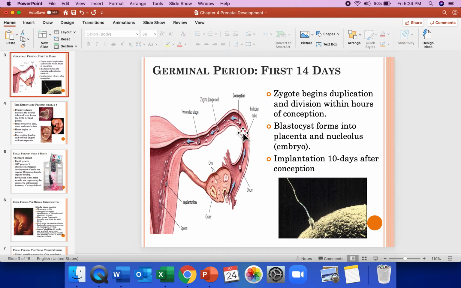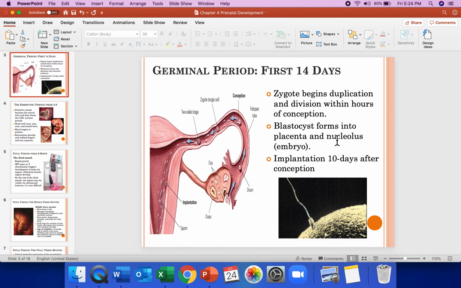The zygote is going to begin to duplicate and divide within hours of conception, and continues its journey down the fallopian tube into the uterus. Once it reaches the uterus, which is a journey of about 10 days, it now forms what is called the blastocyst.